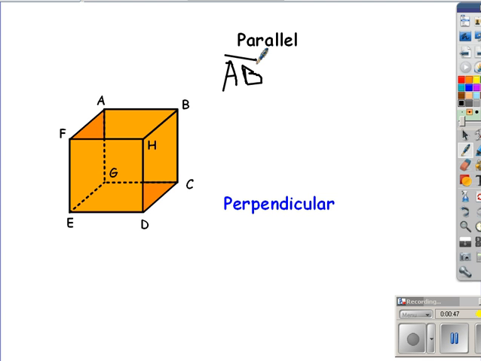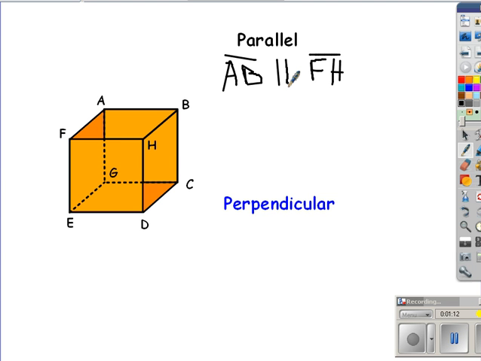So line segment FH is going to be parallel to line segment AB. And when I write that AB is parallel to FH, I'm going to use this symbol here, two vertical lines. And what that says is line segment AB is parallel to line segment FH.